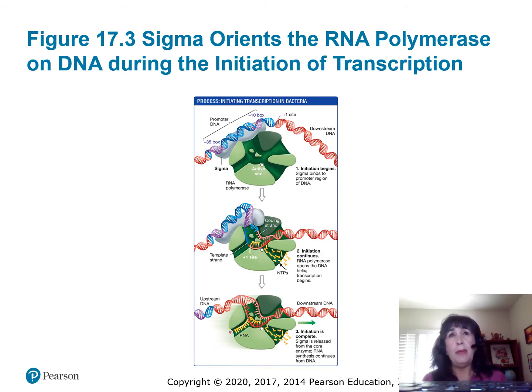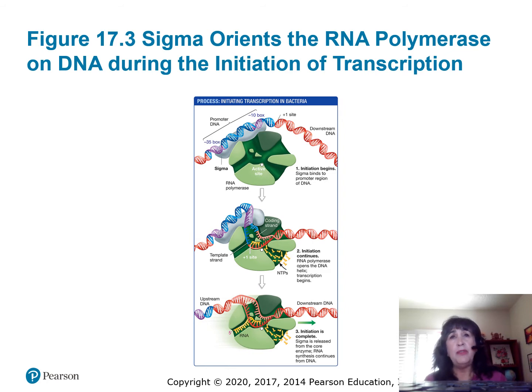In this diagram, we see that sigma is the first to contact bacterial DNA at the promoter region, which is the -35 and -10 boxes upstream from the beginning of the gene, which is at the +1 site. We see that RNA polymerase is filled with a lot of grooves.